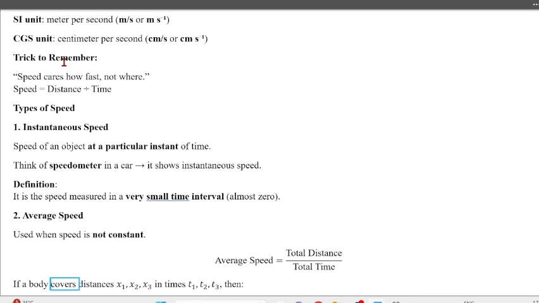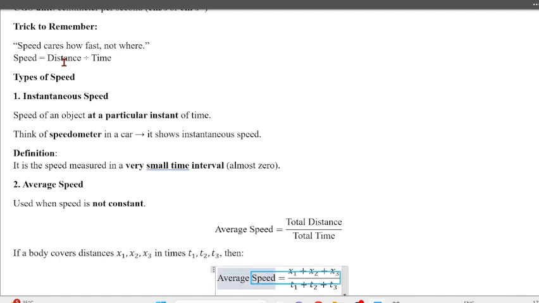If a body covers distances x1, x2, x3 in times t1, t2, t3, then average speed equals (x1 + x2 + x3) divided by (t1 + t2 + t3).